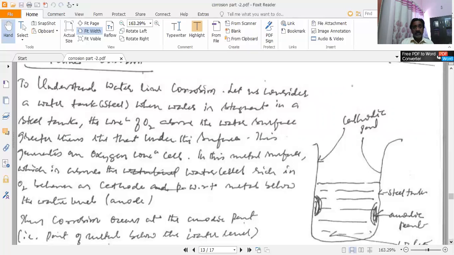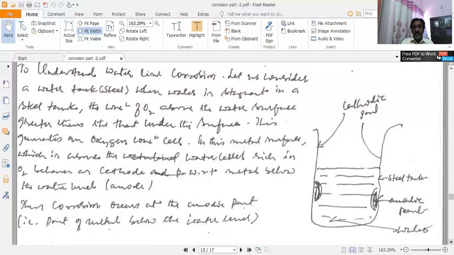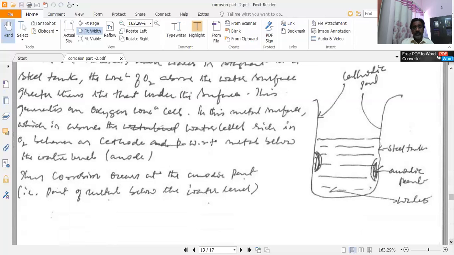So the metal surface which is above the water level, rich in oxygen, behaves as cathode, and the metal below the water, where there is a lack of oxygen, will act as anode. Thus, corrosion occurs at the anodic part, that is, the part of the metal below the water level, where you will find the rust formation. We call this type of corrosion waterline corrosion.